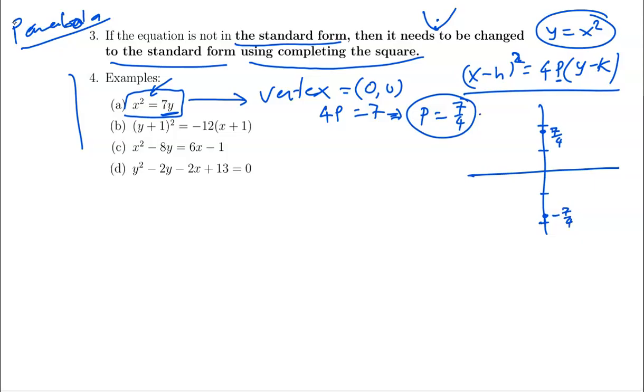So your parabola looks like this. And then this is your directrix. The directrix is y equal to negative 7 over 4. And that's your focus. So focus is 0, 7 over 4, and that's my vertex. Vertex is 0, 0. All right, that's all you gotta do.